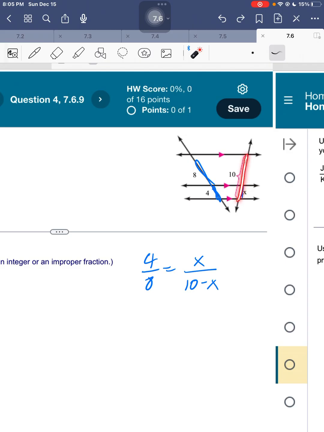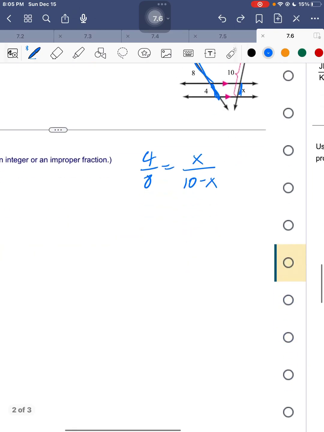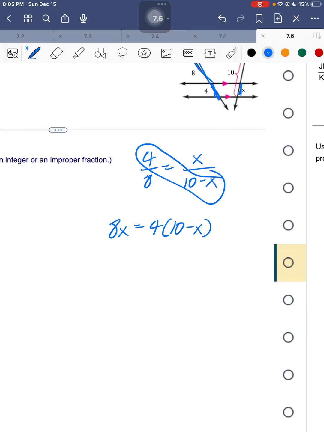Just this segment. Because if the whole thing is 10 and this segment is just missing the x, then isn't this just 10 minus the x? We're missing this piece. So what's 8 times x?